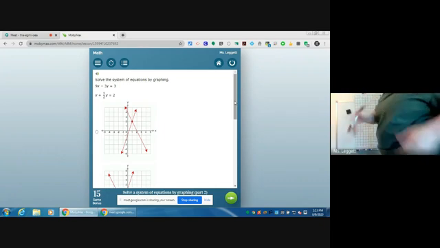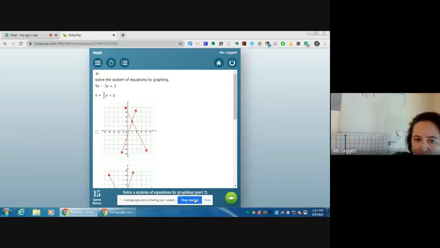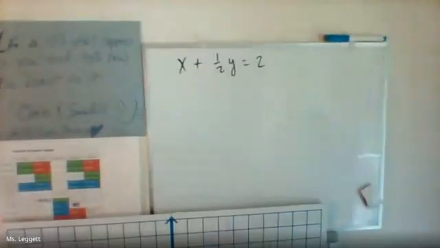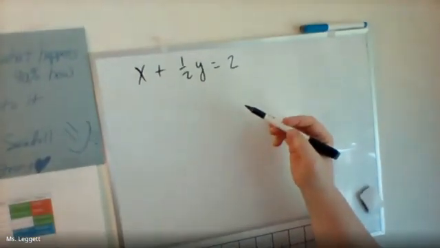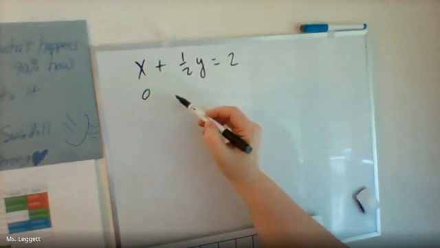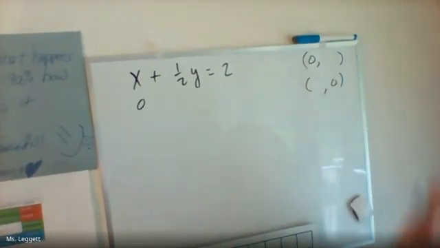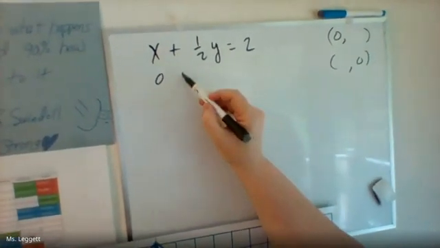And we're just going to use the same strategy. Since they're both in standard form, we're going to plug in 0 for x so that we can find what the y is. And then we'll do the same thing for the y. We'll get their intercepts, okay? That way it's easy to graph them.